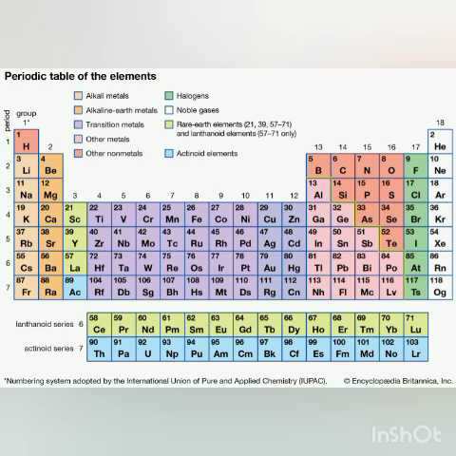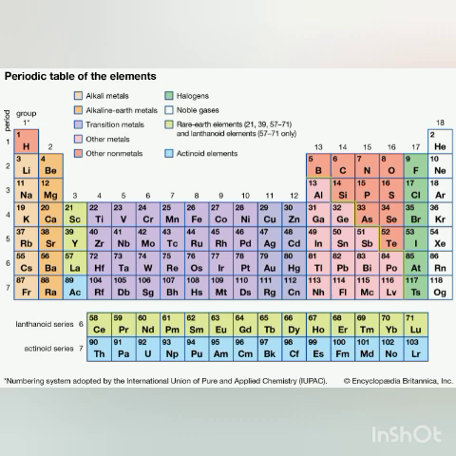But the number of protons is increasing because the atomic number is increasing. So as the positive charge increases, they pull the electrons in the second shell more strongly when we go from left hand side to right hand side, and thereby the atomic radius, or the size of the atom, decreases from left hand side to right hand side.